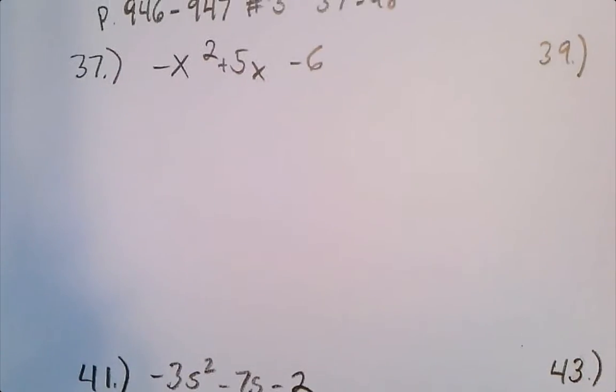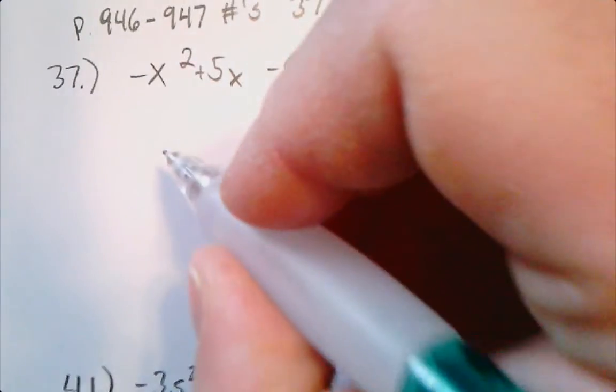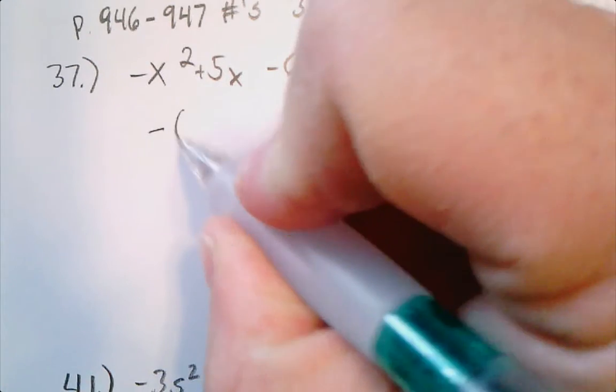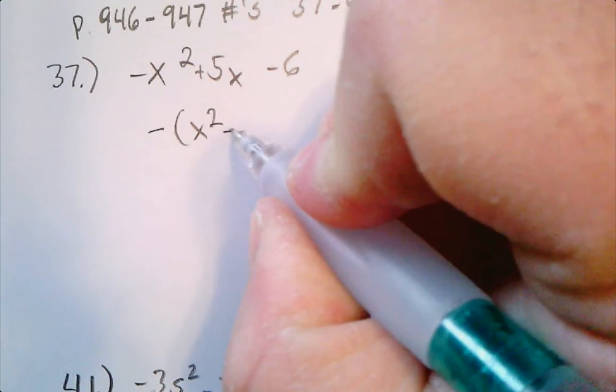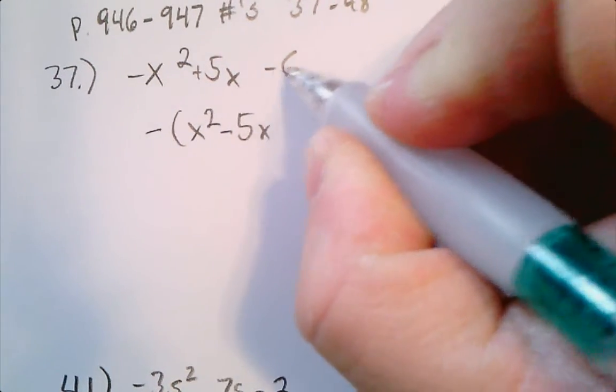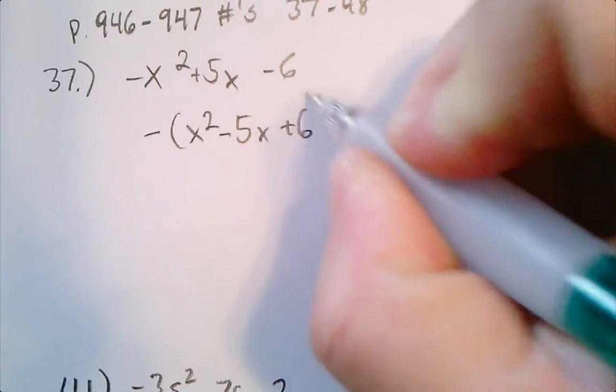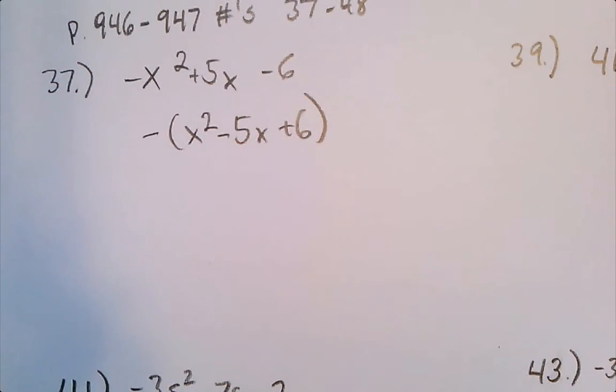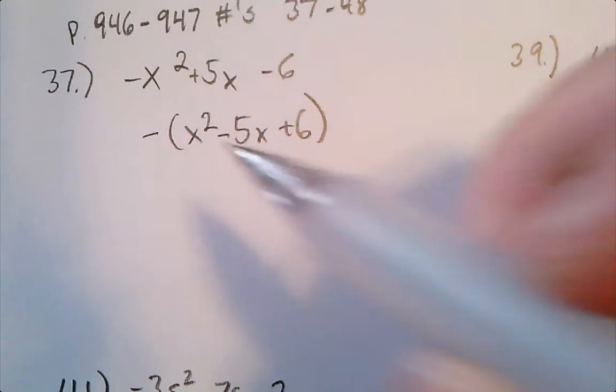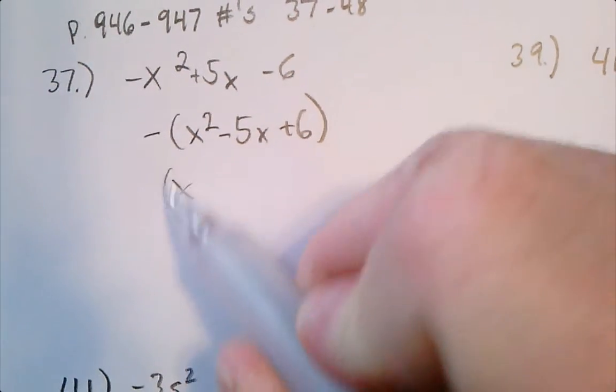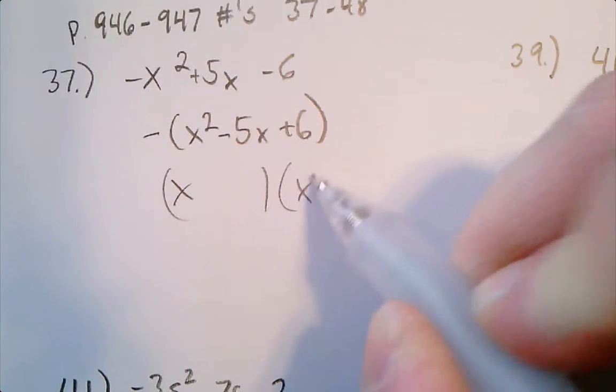For the first one, hopefully the first thing you did was factor out that negative, and then this would become x squared minus 5x, and then instead of minus 6 will become plus 6. Now here you don't have to do the whole AC method or the bottoms up method. We're just going to break up our binomial like this.